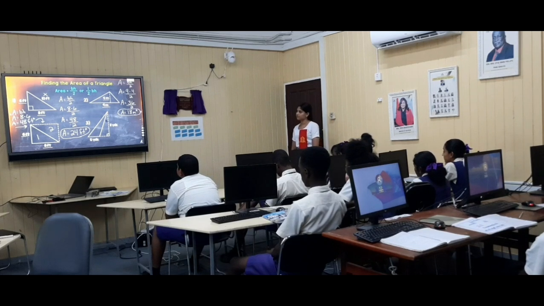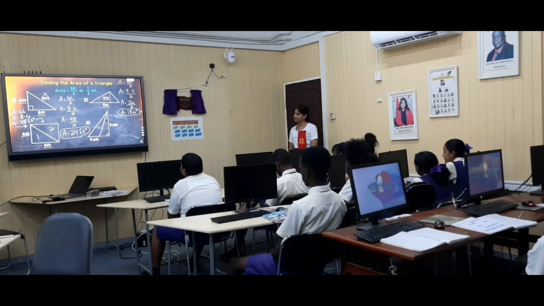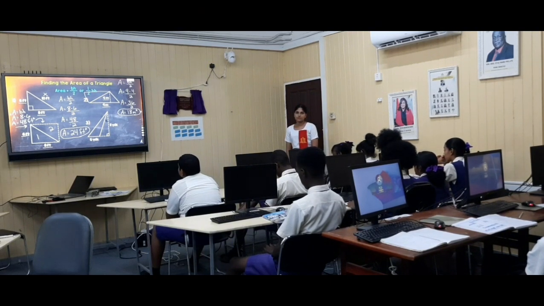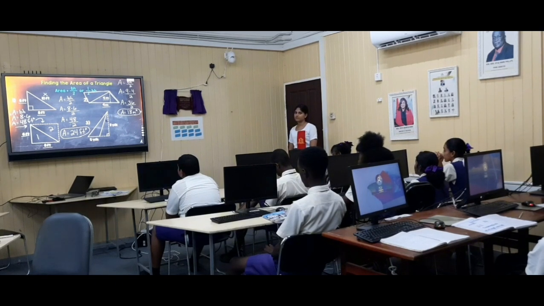Now just to show again why we take half, I'm going to double this triangle. So let's make a copy of this triangle to create a parallelogram. So we have the copy of the triangle right here. It's not the best, but we have a parallelogram right here.